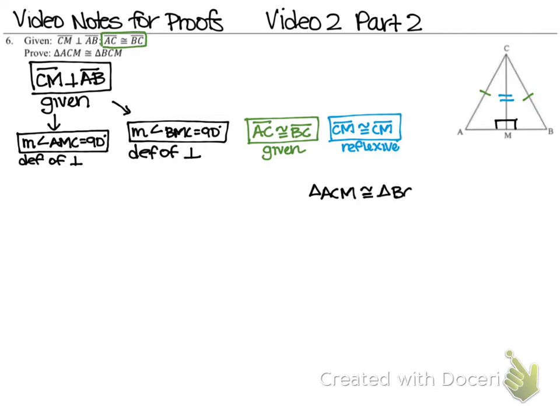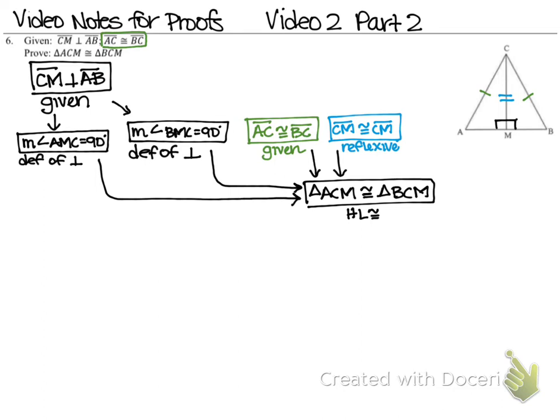So this next part, I know that this is going to be HL, which means I'm going to use the blue bubble and the green bubble. And then I definitely need the two 90 degrees as well. But I do want to think about, well, what if this was side angle side, or angle angle side, or angle side angle?